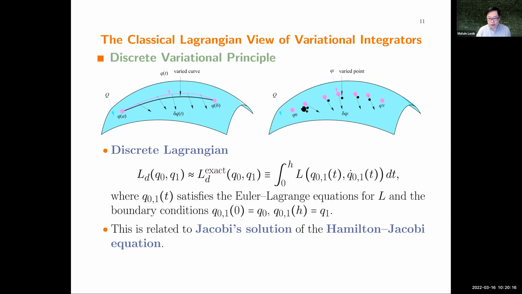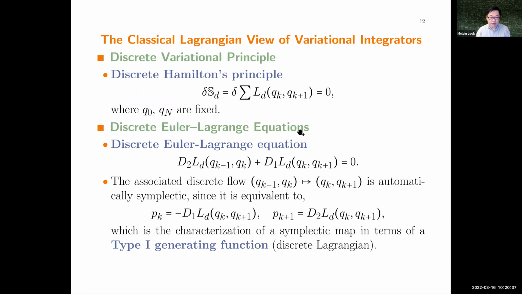So this is a way to formulate the exact generating function for a symplectic map in terms of what is called Jacobi's solution, which is a solution of the Hamilton-Jacobi equation. Anyhow, if you have this discrete Lagrangian, as I said, it's a piece of the action integral. If you sum it up over these pairs of points, you get an approximation of the action integral over the entire interval.